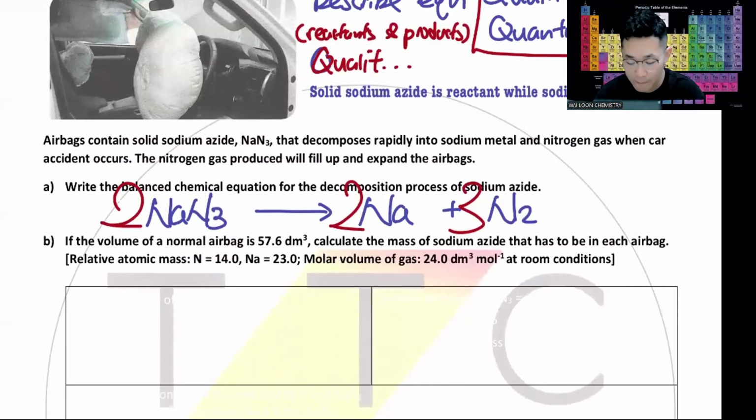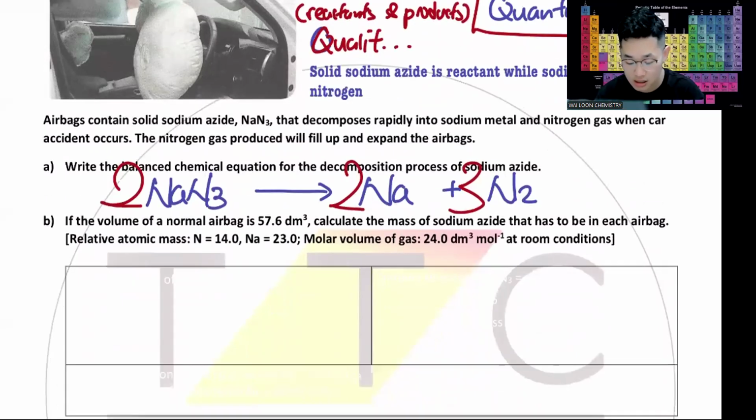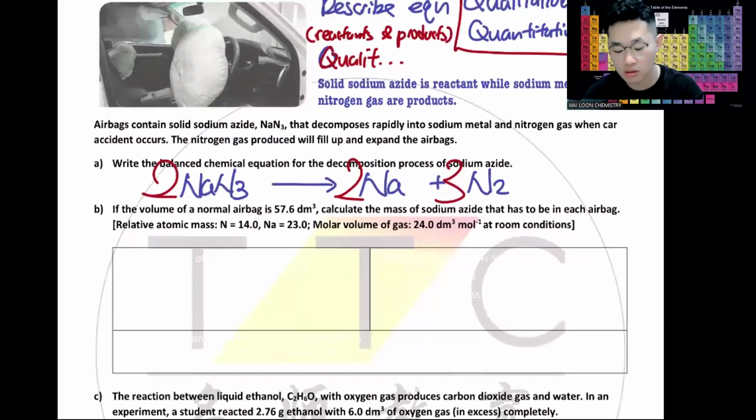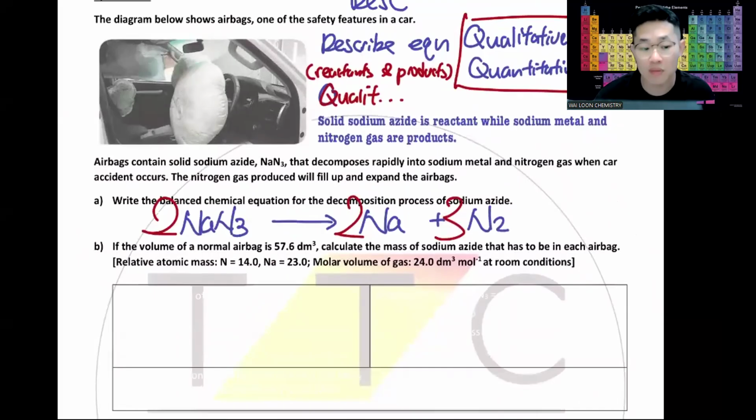The sodium metal and nitrogen gas are products. So this is the meaning of qualitative information. Based on the equation, what are the reactants, what are the products? Qualitative. Reactant and product.